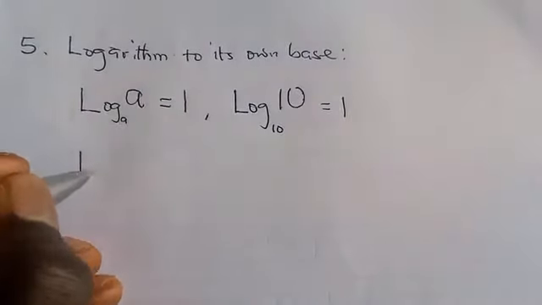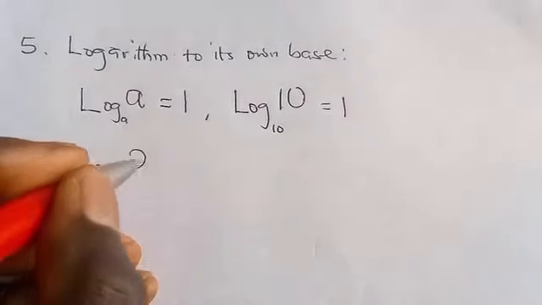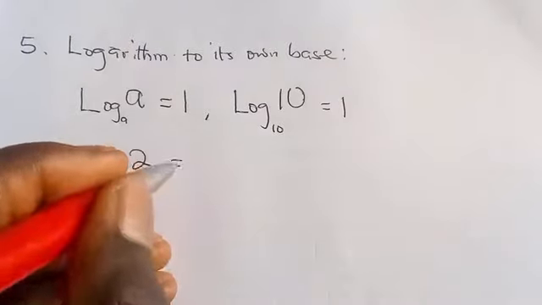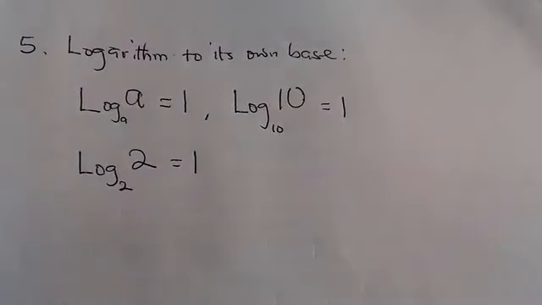If you have log 2 to base 2, the result will be 1. So anytime you are given a problem and you come across this stage in the process of solving that problem where you have a log to its base, just know that the answer is 1.